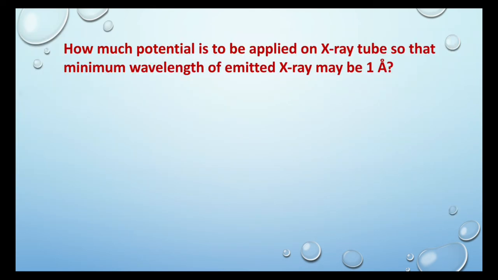Now, this is a simple problem: how much potential is to be applied on the X-ray tube so that the minimum wavelength of the emitted X-ray may be 1 angstrom? So, let the required voltage be V volt.